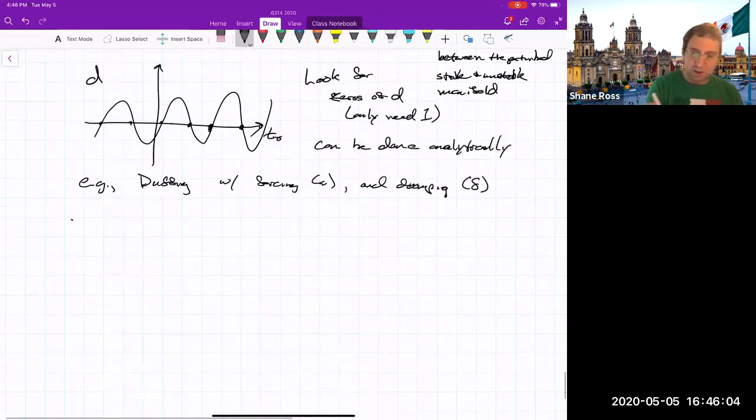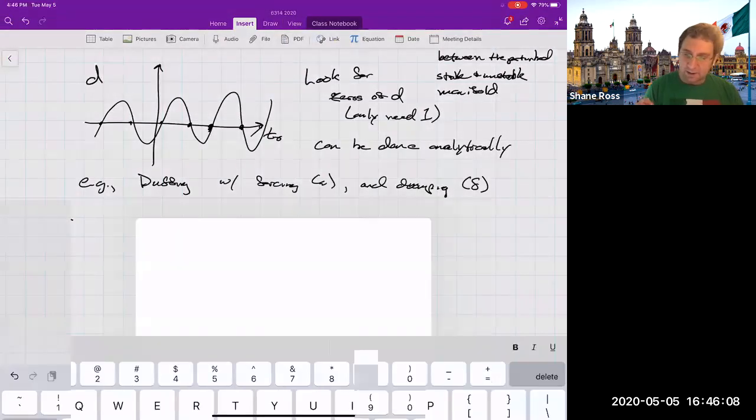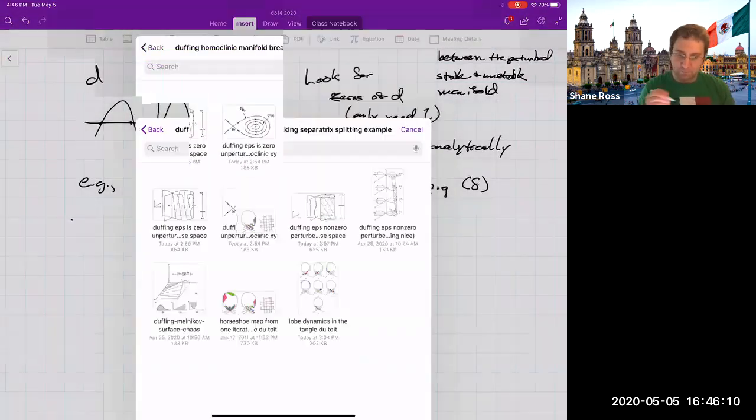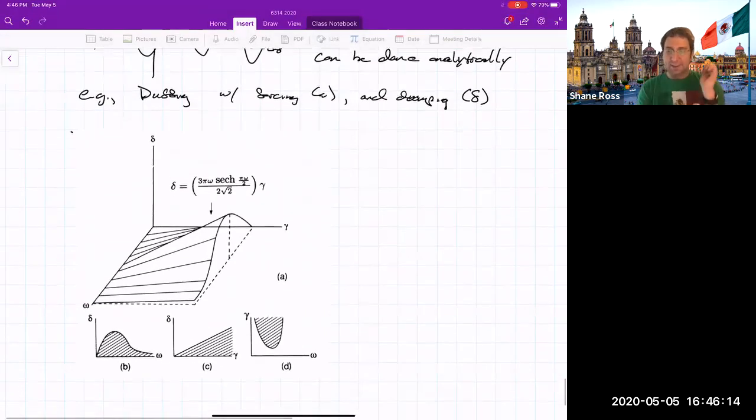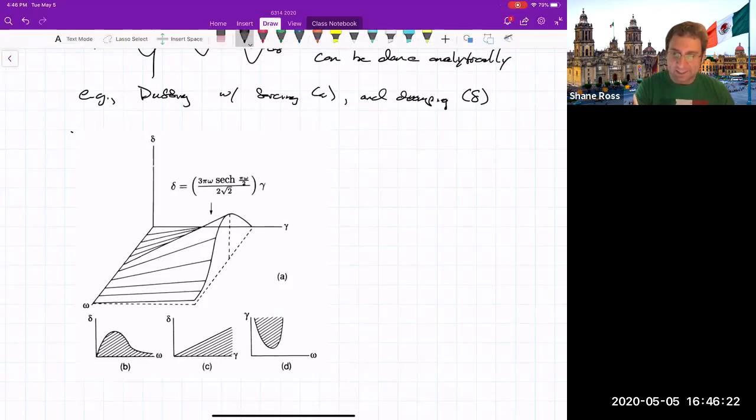And then you can even plot, and this will be like the final thing I show, a surface written in delta and gamma. I think gamma is what I call epsilon. And then omega is the forcing.